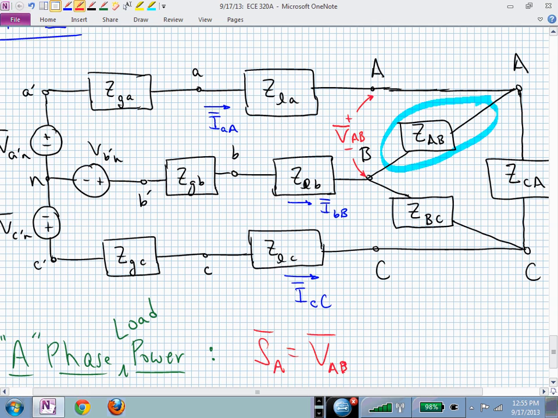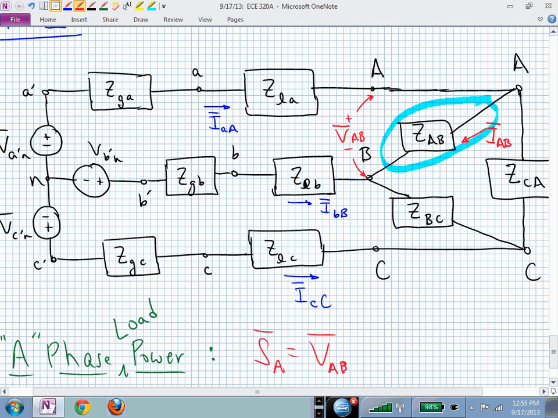What's the current through that element? Does it exist in my diagram right now as a label? No, I haven't labeled it, have I? The current that I need actually needs to go from capital A to capital B terminal, and that's now my phase current.